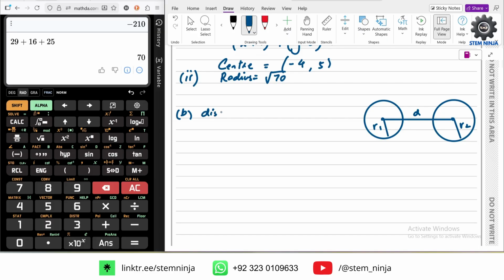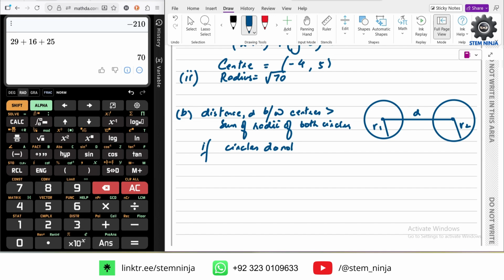So distance D between centers is greater than sum of radii of both circles if circles do not intersect. Okay, so we need to find out distance between centers.